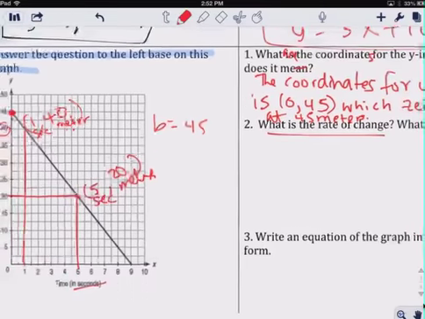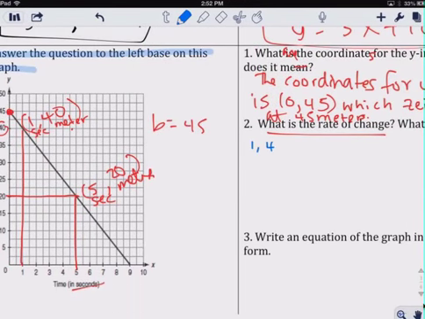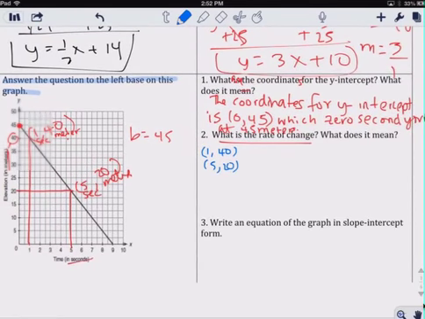Okay, now we can find the rate of change because we picked 2 points. You can pick any points you want. 1, 40 and 5, 20. Okay? 1 and 5 are the seconds, and 40 and 20 are the meters. So we do meters on top because it's y.